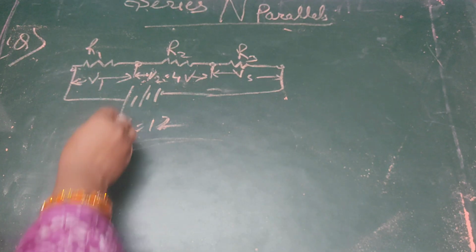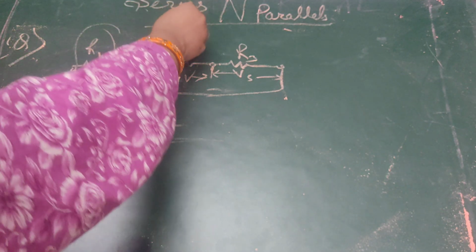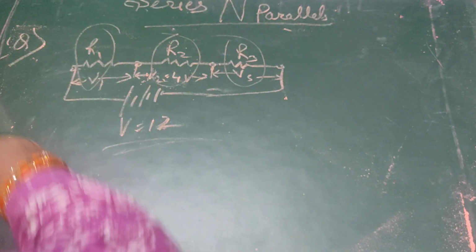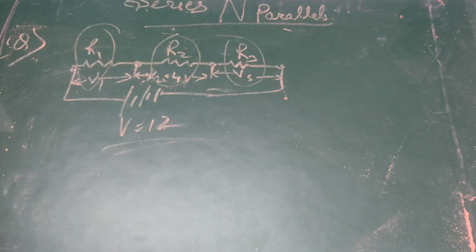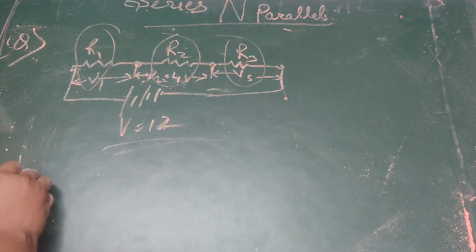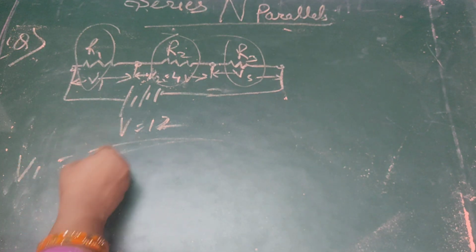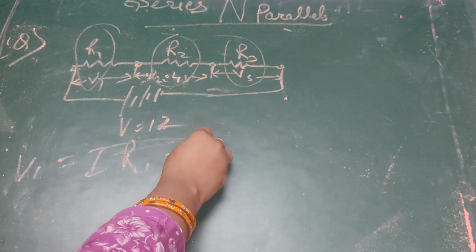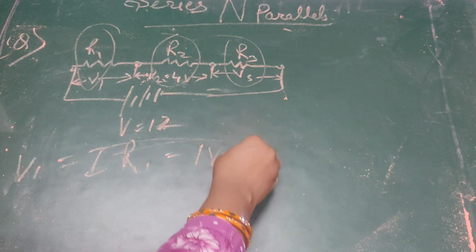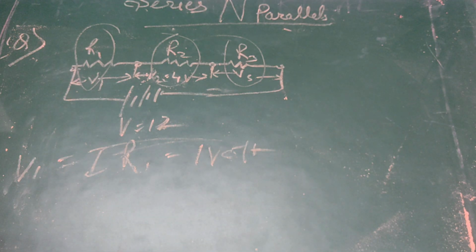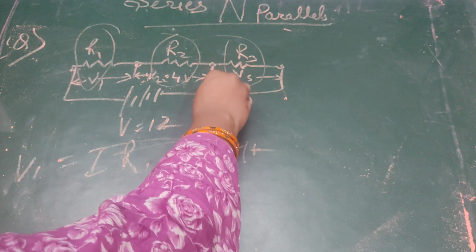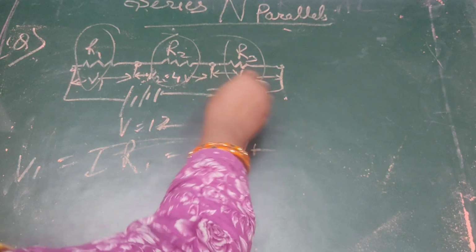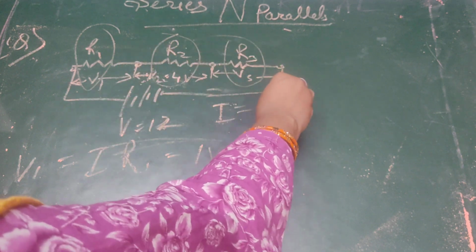We can see R1 for V1, R2 for V2, R3 for V3. So V1 we will calculate. R1 is 1 ohm, and we are considering I throughout the circuit, so V1 is I volt.